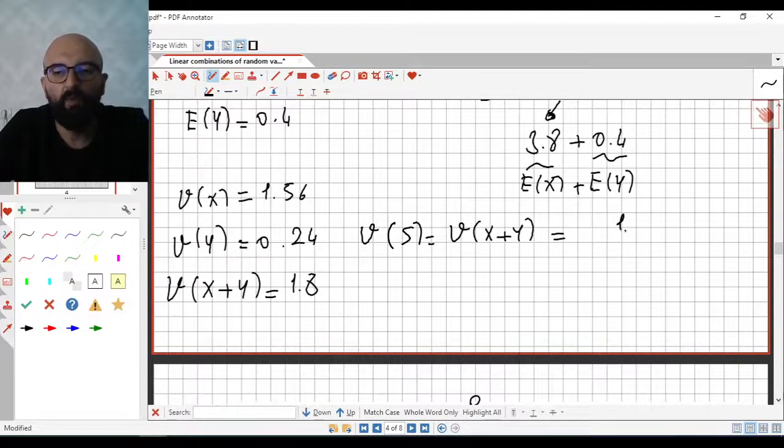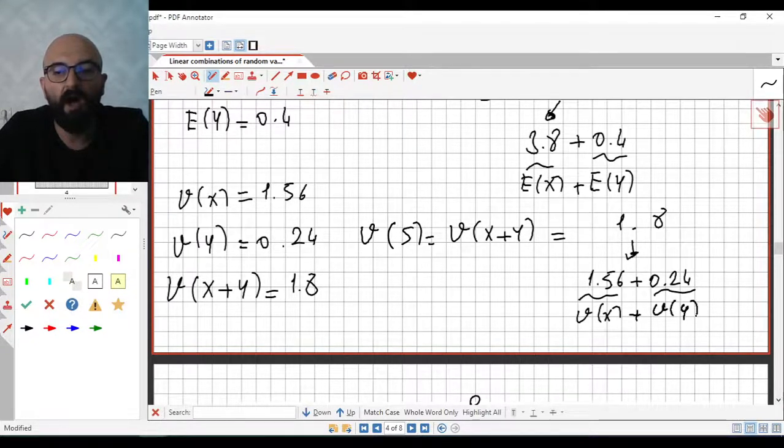It means 1.8. If you notice that, 1.8 means 1.56 plus 0.24. 1.56 means the variance of x. 0.24 means the variance of y.